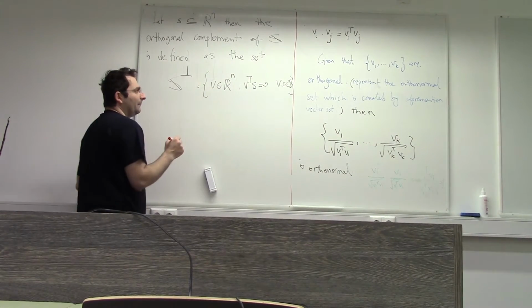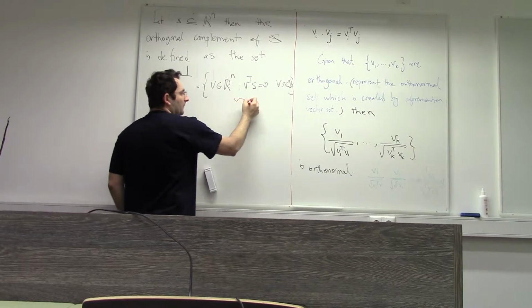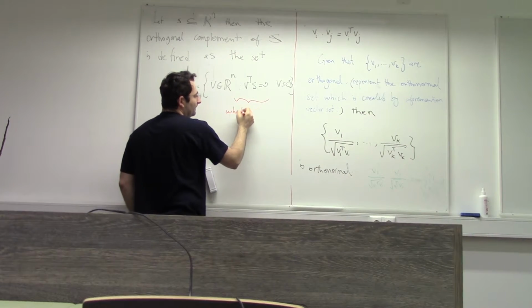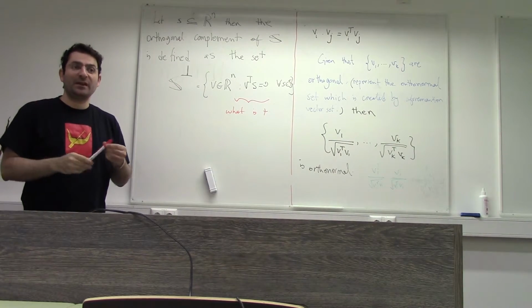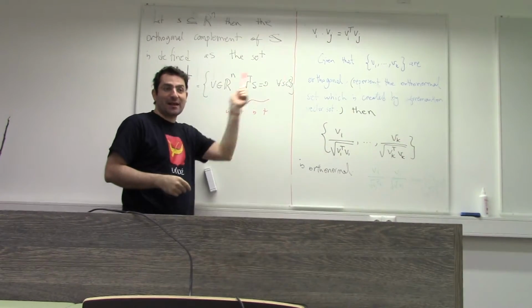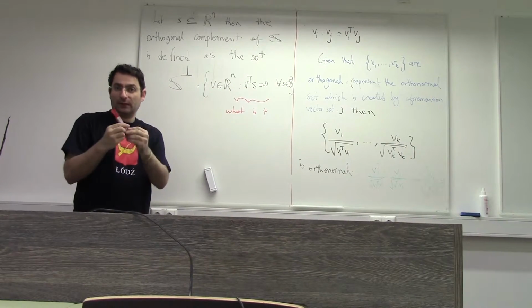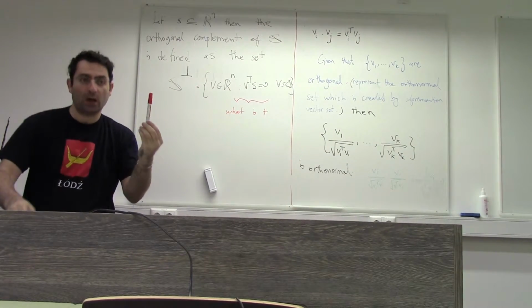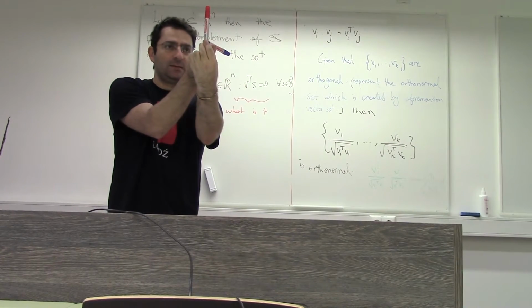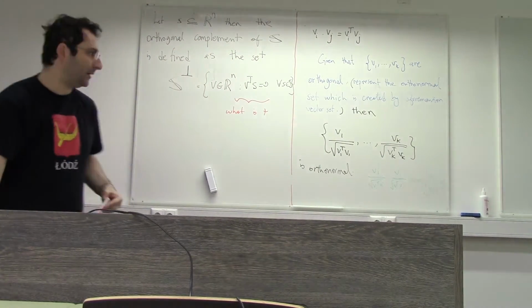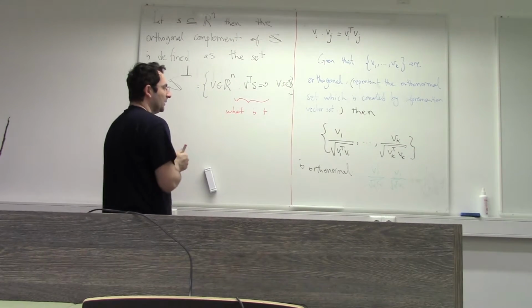Now, we understand that if a vector is in S, it cannot be in V, right? If a vector is in S, it cannot be in V. Why? Because this is a vector in S, and the vector in V should be like this, because they have to be orthogonal.